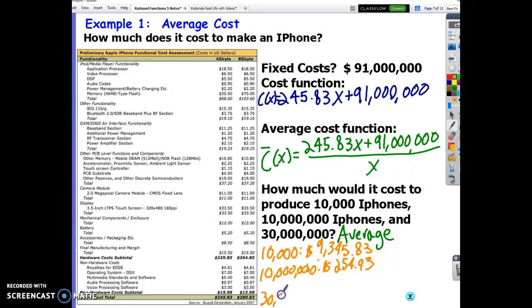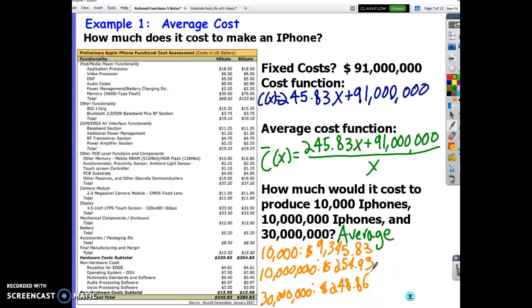While if they made 30 million iPhones, it cost them $248.86. So for each iPhone, it gets cheaper the more they make, because those fixed costs, that 91 million, are getting spread out over all of the different iPhones that were made.